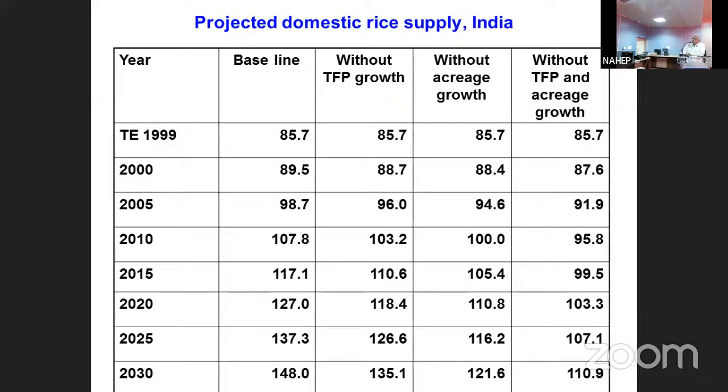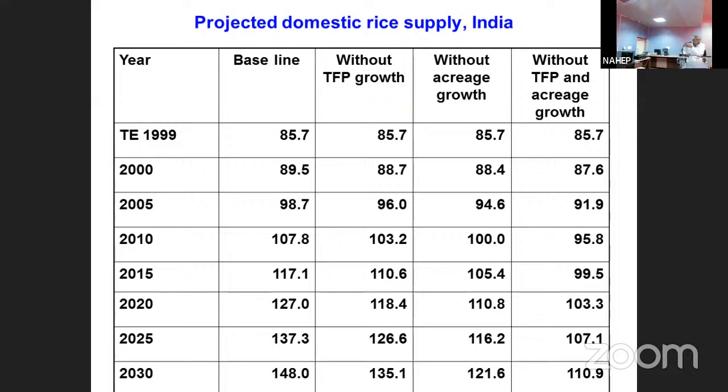So here there are scenarios: baseline scenario, without AFP growth, without acreage and TFP, right? So we can develop a number of scenarios and see which looks better. Just like the baseline, our demand is 127 million tons, and it ranges from 103 to 127.